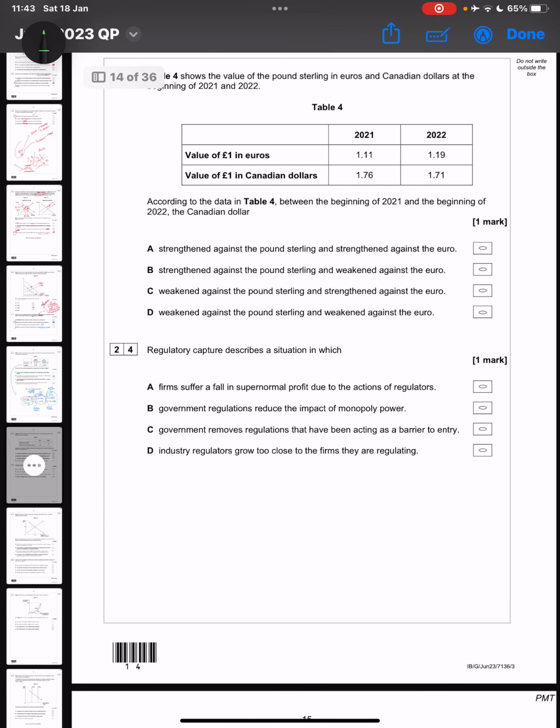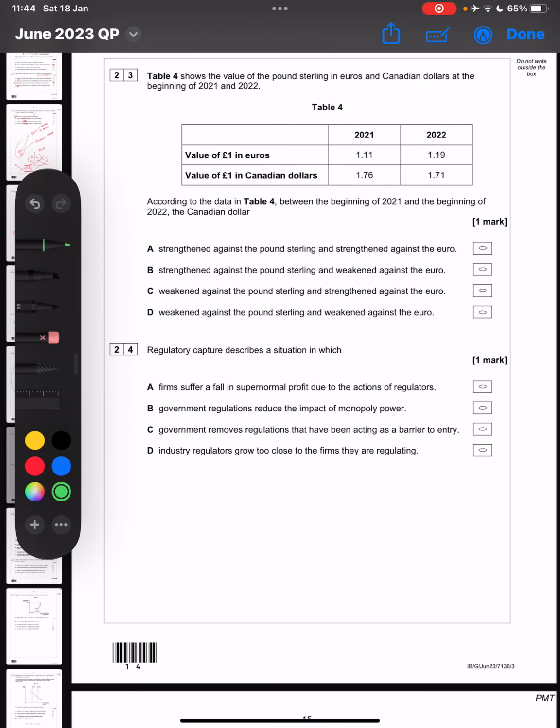Right, where are we now? Question 23. Sterling and Canadian dollars. Has the Canadian dollar strengthened or weakened? Okay, let's figure out how to do this one. I think we should start with this one, which is talking about Canadian dollars.